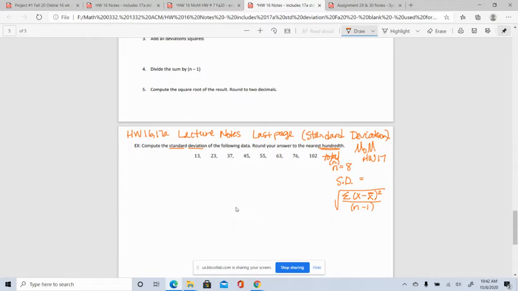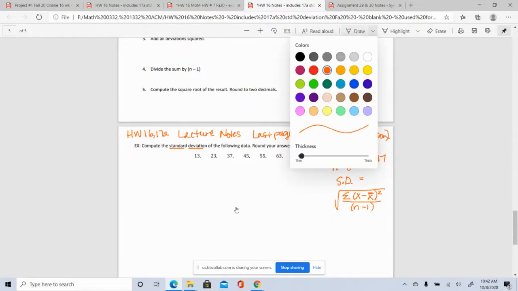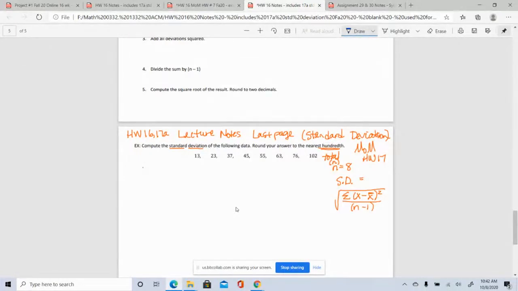Now, step 1 is going to be to find your mean. That's always going to be first. I'm going to be very mean if you forget that. Step 1: find x bar, which is your mean. Okay? So how do we find the mean?